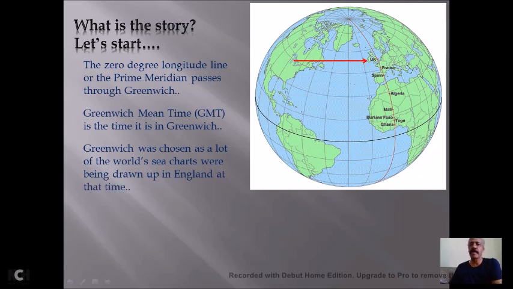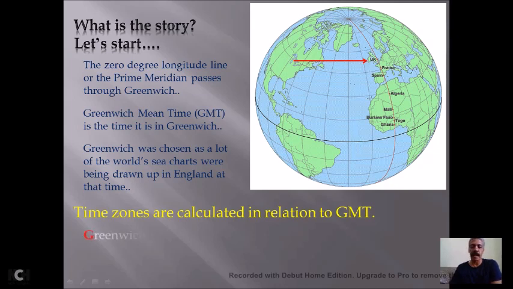Then you must start from this line. If you go to the east, you will add hours. If you go to the west, you will subtract hours. Then time zones are calculated in relation to GMT or Greenwich Mean Time.